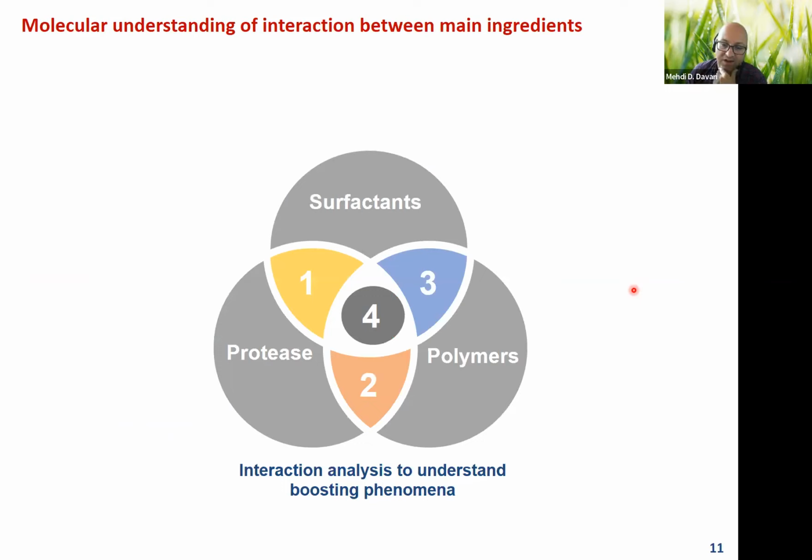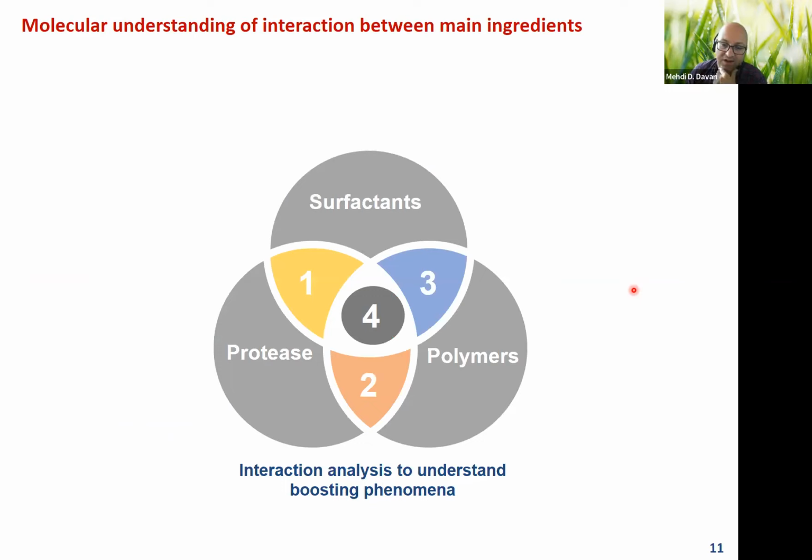But what was also interesting for us is that when we put these variants in a complex formulation matrix, as you see here, we still identified variants which have up to 40% improvement in such a complex system. This shows that we have identified the positions which are involved in the interaction, and we have also improved the protease performance in the presence of this surfactant.